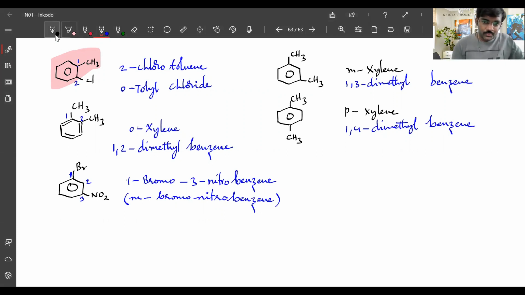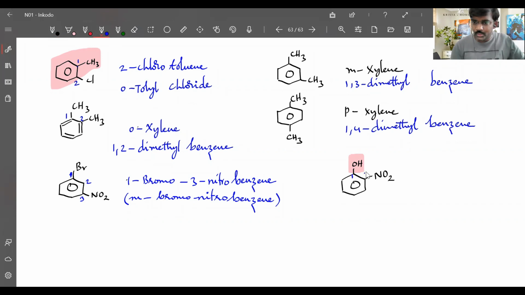Suppose I have a benzene ring with a functional group and a substituent like this. Suppose I have a nitro group over here. Now the functional group is OH, that is the main functional group. NO2 will be the substituent. So definitely I have to start numbering from here only.